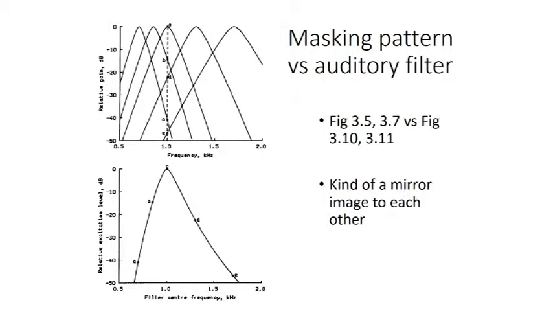That's how these two panels, up and down, are related. So again, a masking pattern or excitation pattern shows us the combined result of a bunch of different auditory filters.